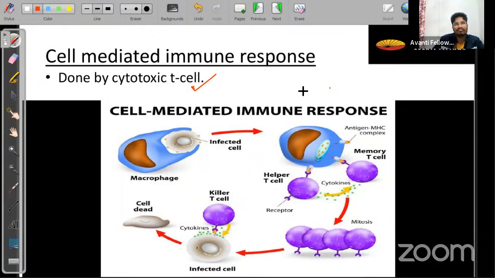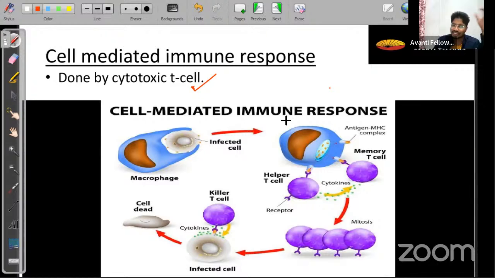After the dendritic cell or antigen presenting cell showcased the foreign material to the T lymphocytes, the T lymphocyte planned in a proper way and divided all the army into 3 different categories. Helper T cell, cytotoxic T cell, and memory T cell.